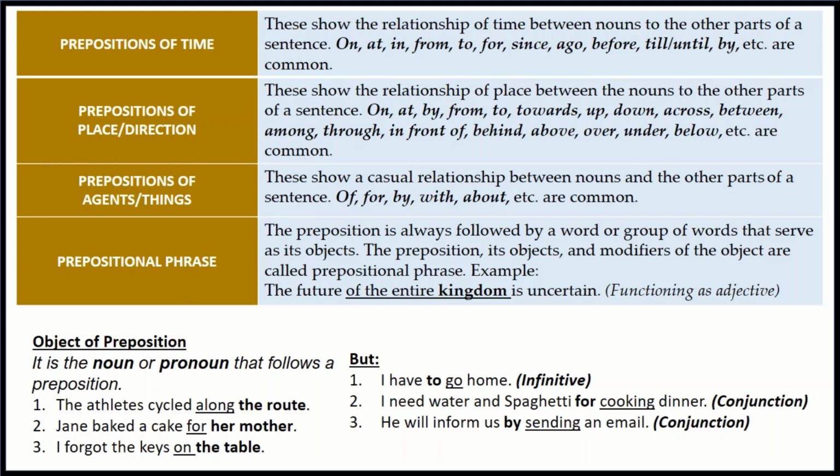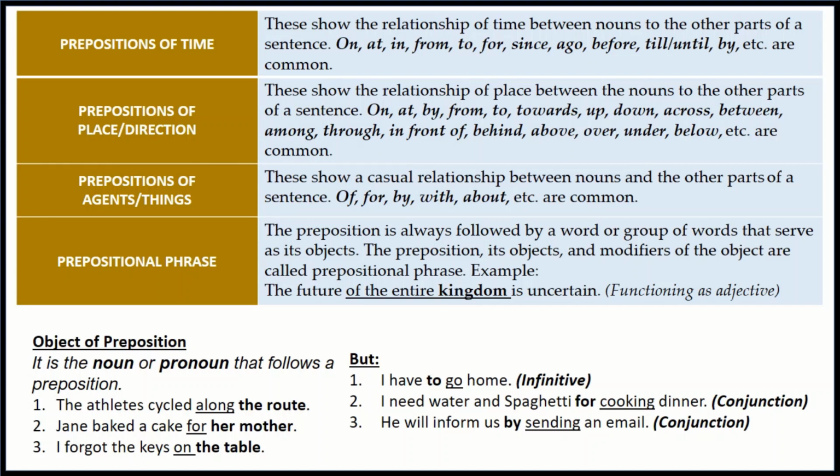But it depends on the sentence, that once you write a sentence, then you have to figure out whether it's a preposition of place or time. We will get to know that once we reach the slide of examples. But first of all, definitions.